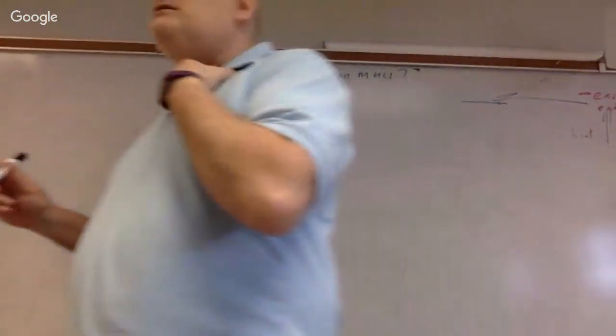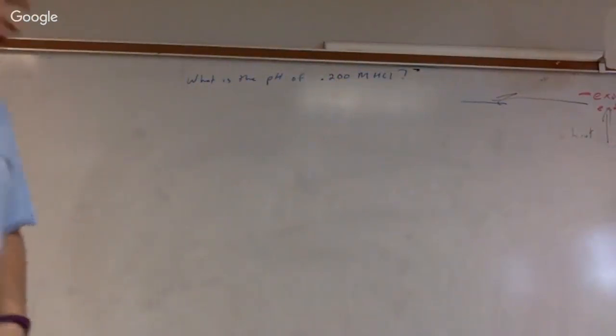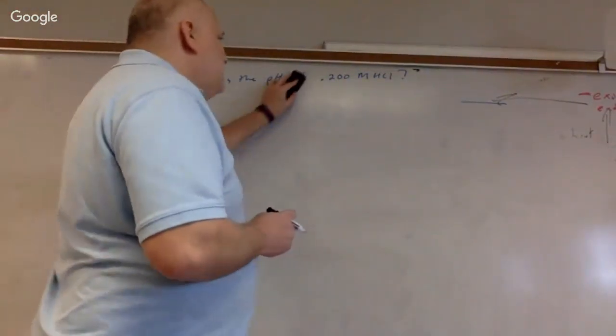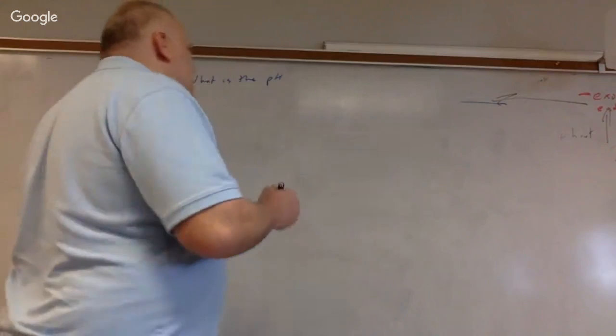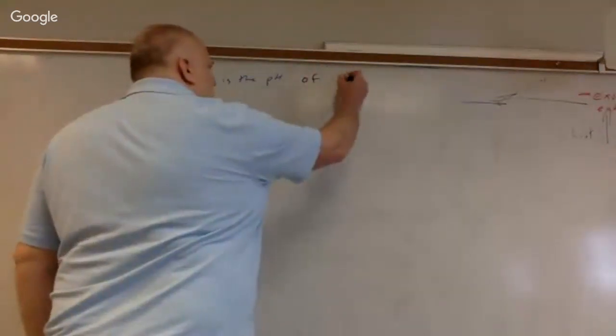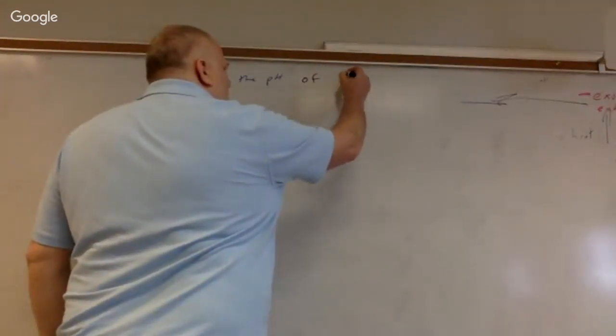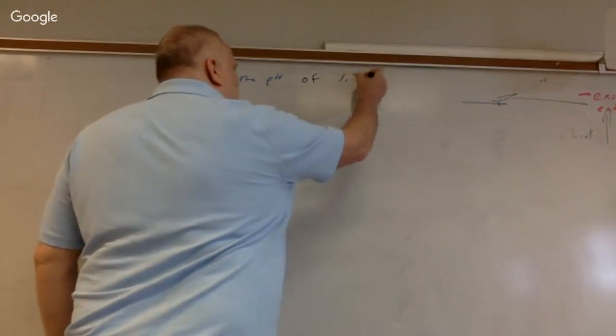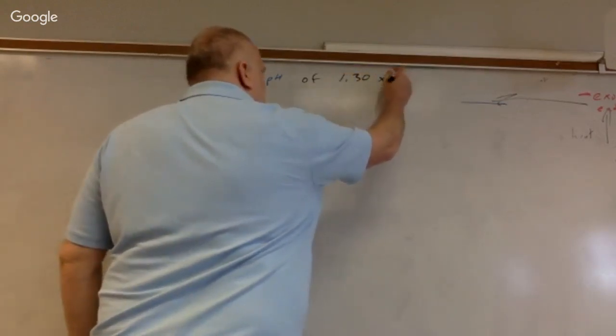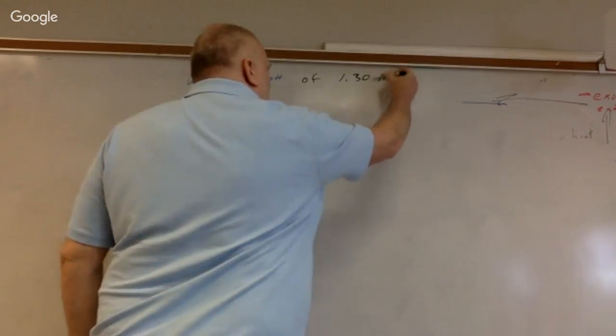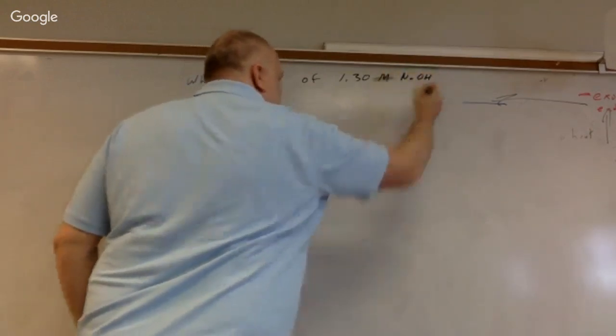Now, there are slightly more strong bases. So if I give you a strong base, for example, and I said this, what is the pH of 1.30 molar NaOH?